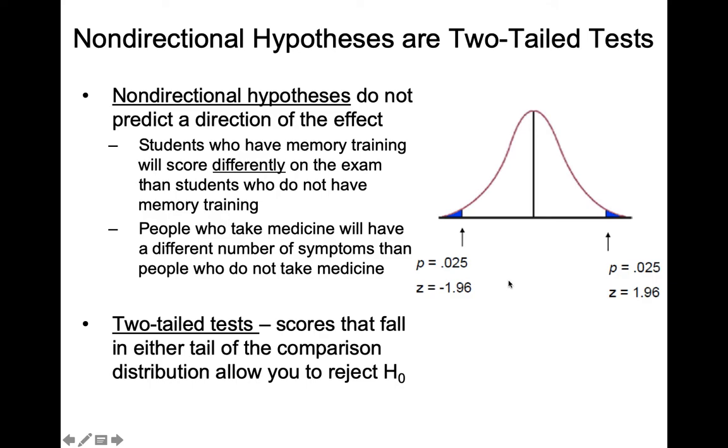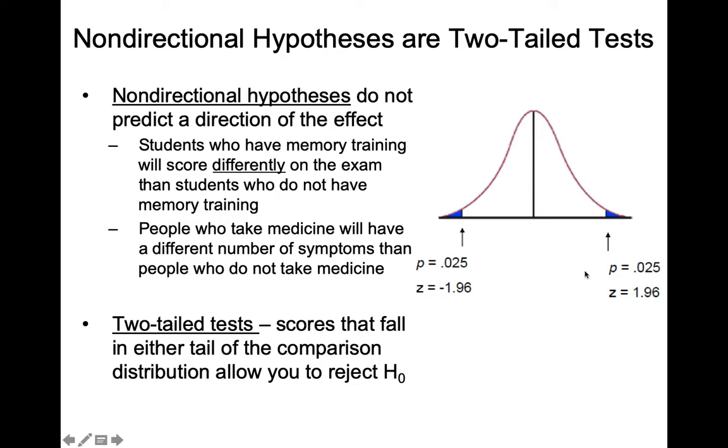What that means is when we do the study, we collect the data, and we calculate a z-score, we will consider as statistically significant a result that falls in either critical region. We could have a result that shows an increase that falls in the critical region in the upper tail, and if so, we will have a statistically significant result.